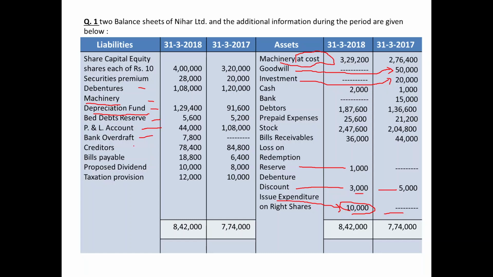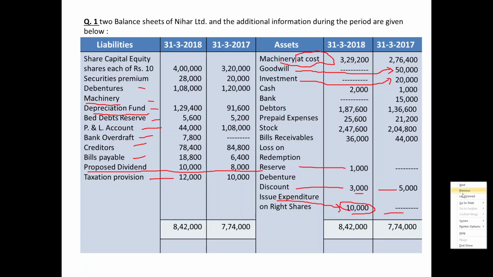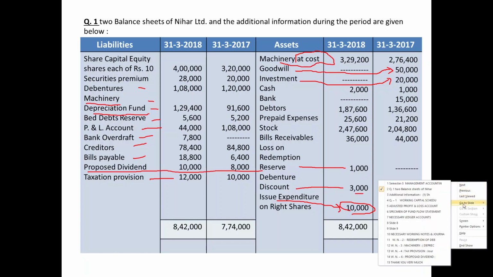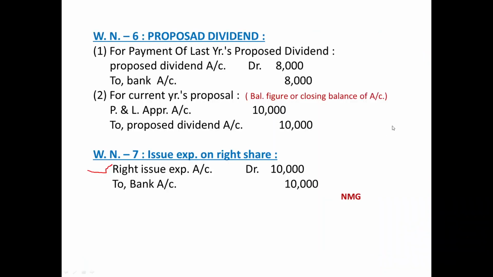Bank overdraft, creditors, bills payable we reported in the working capital schedule. Tax provision already over. But the item left is proposed dividend, 10,000 and 8,000. You know proposed dividend. Let me show the working note for the proposed dividend. You know, last year's proposed dividend always would have been paid in the current year.